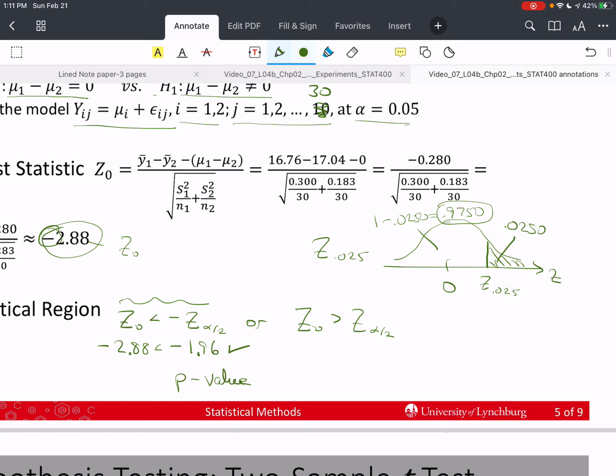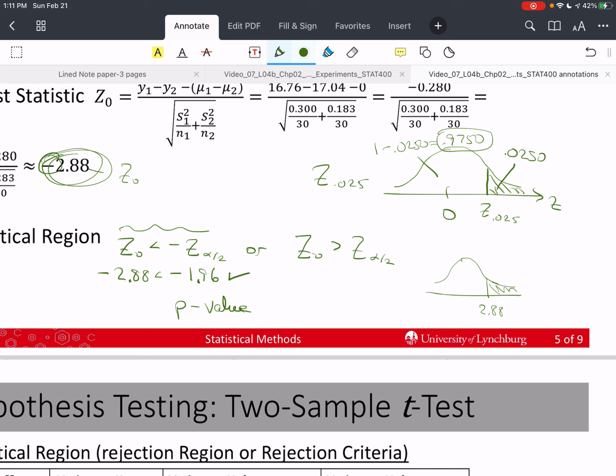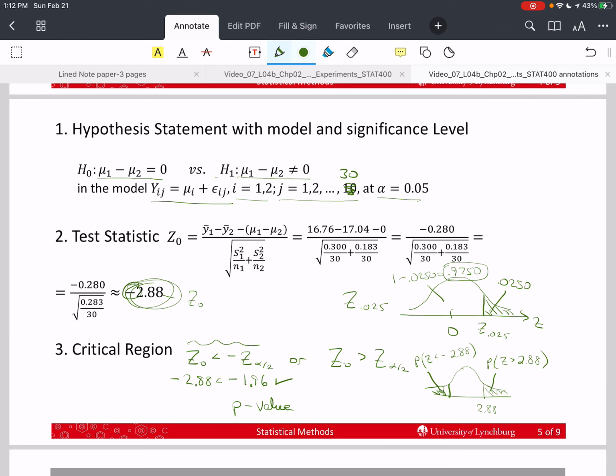For the z-table, we can find a fairly accurate p-value. We're looking up 2.88, and since we have positive in the z table, we can look that up. We need the probability that z is greater than 2.88, but we also need the corresponding probability that z is less than negative 2.88, because we are talking about the claim with a not equal to sign.